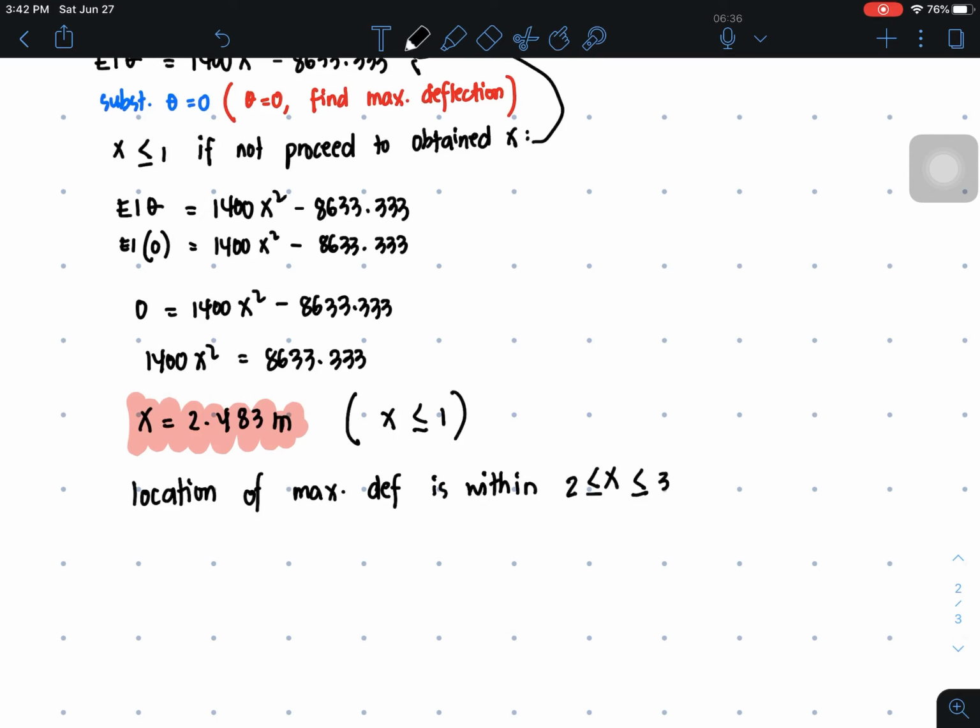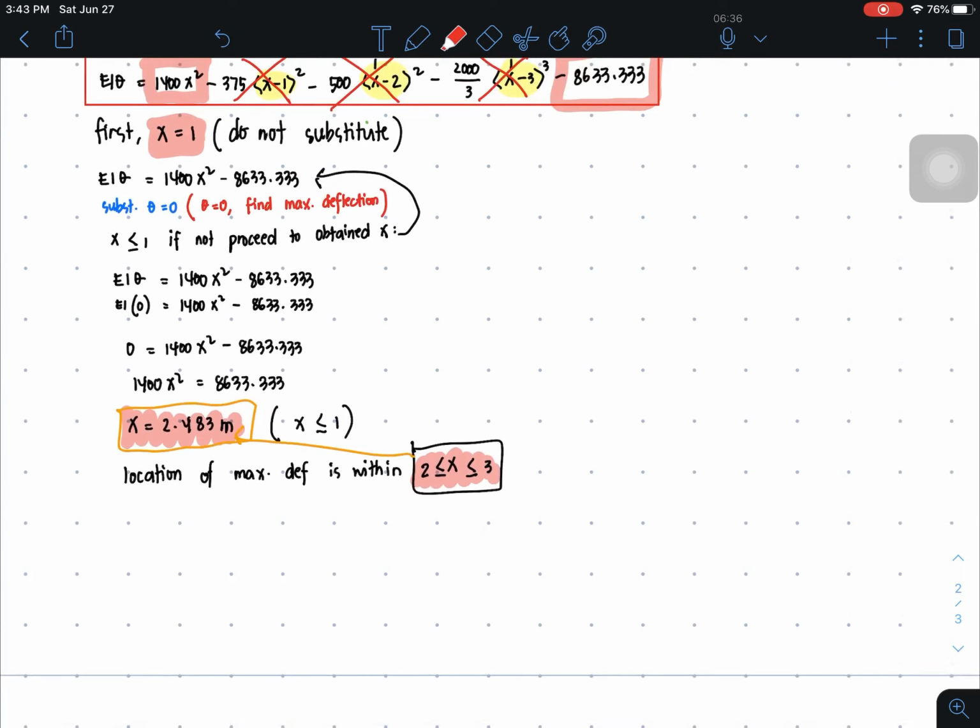Kay mao man ni ang gi-describe sa kana, di ba? Ang value nga gihatag sa atong x is 2.483. Therefore, the boundary line or limit is between when x is greater than or equal to 2 or less than or equal to 3.